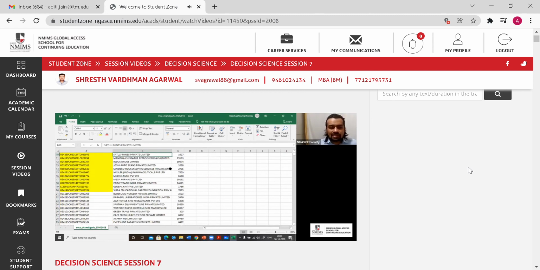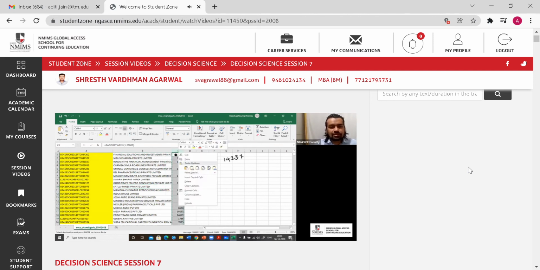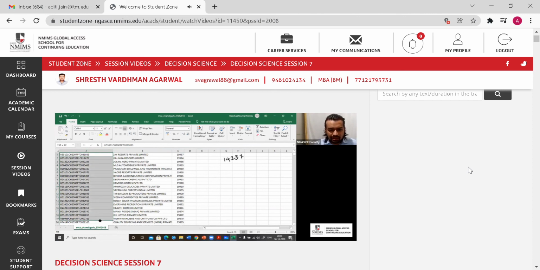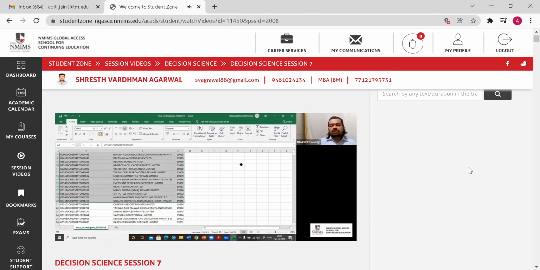I have assigned the random numbers and sorted them in order from highest to smallest. So these are the 20 out of these 14,237.